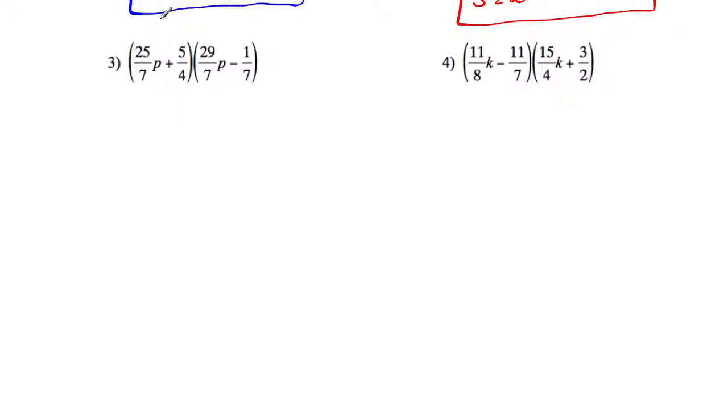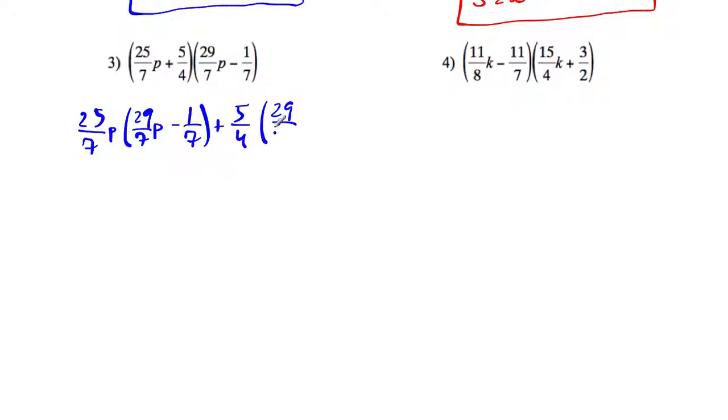And so I'm going to set this up so that I have 25 over 7p times 29 over 7p minus 1 over 7, plus 5/4 times 29 over 7p minus 1/7. Distribute this in. So if I have 25 times 29, that's going to be 725.